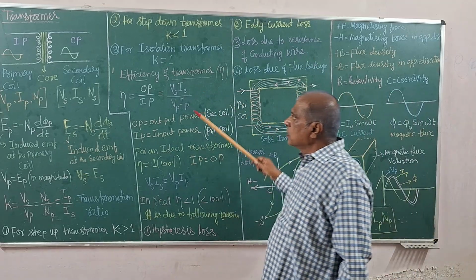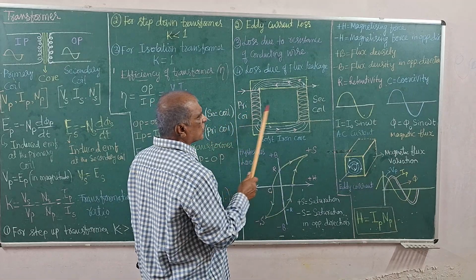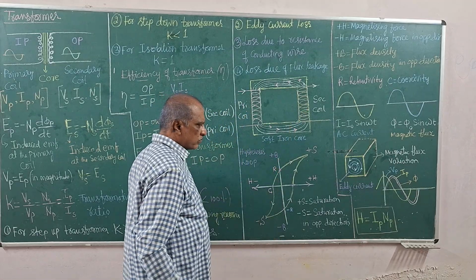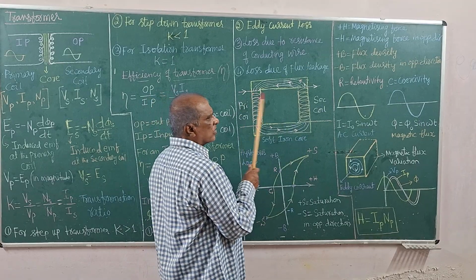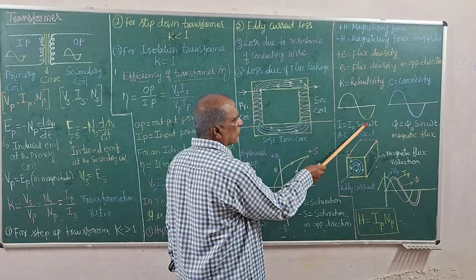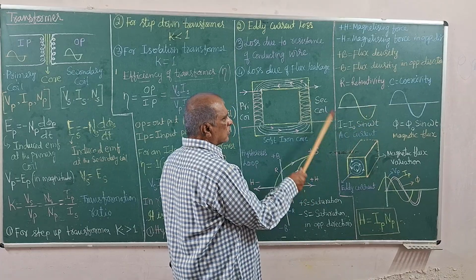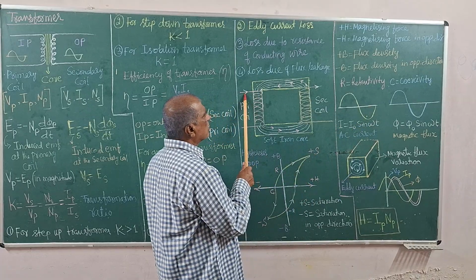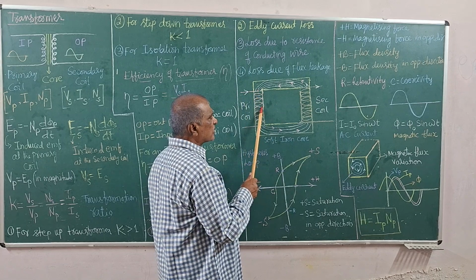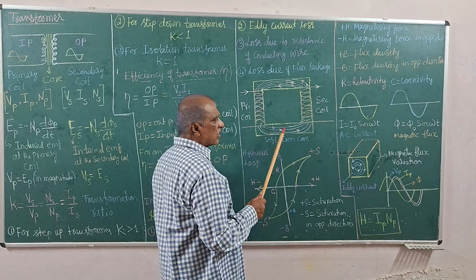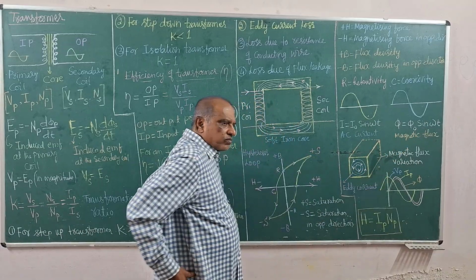So this is about the power transfer from the primary coil to the secondary coil. AC current, as you know, is always in the form of a sinusoidal wave. So this AC current induces a variable flux. The variable flux induced in the material also has the form of a sinusoidal wave.